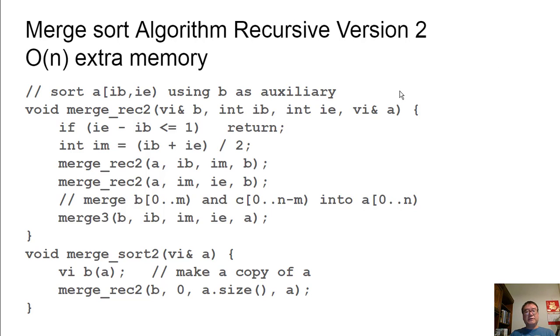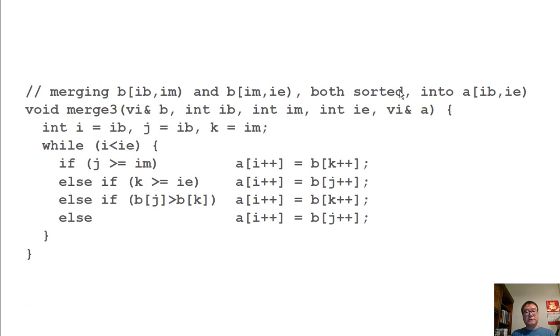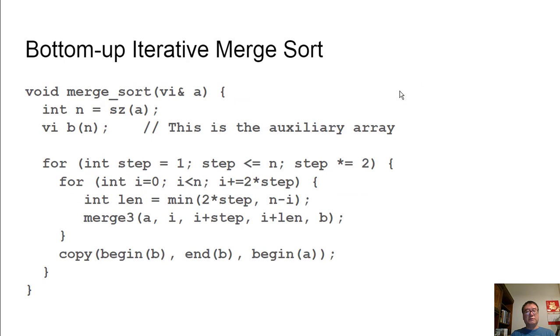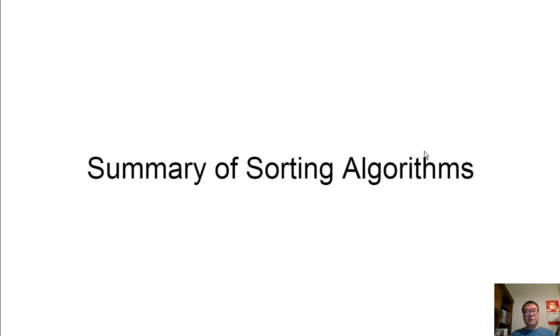This recursive version doesn't have the extra copying, but the recursive call has a little bit of additional overhead, even though that should be small enough that one doesn't need to really worry about it. But you can implement Mergesort using this bottom-up iterative approach as well. So let's take a break here.